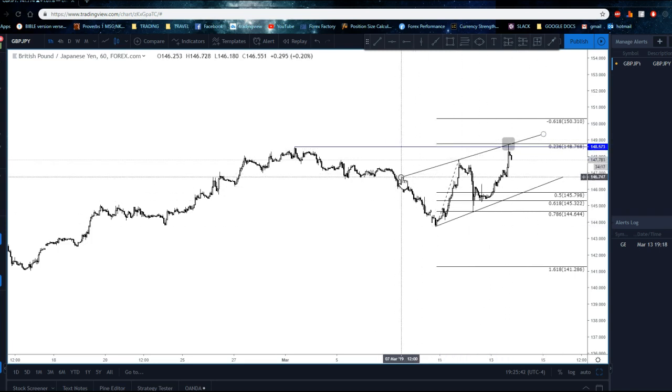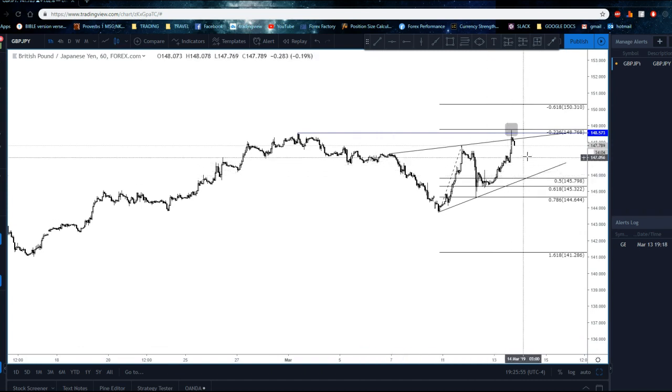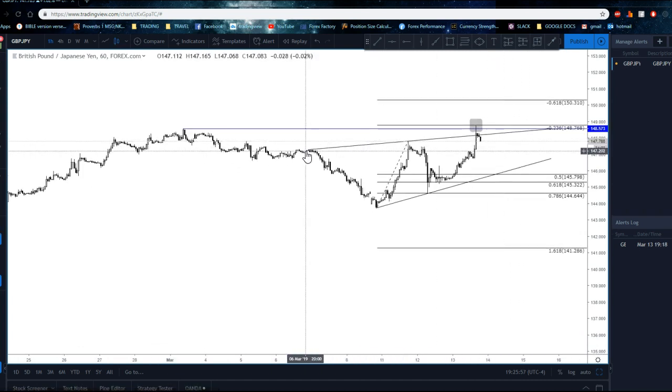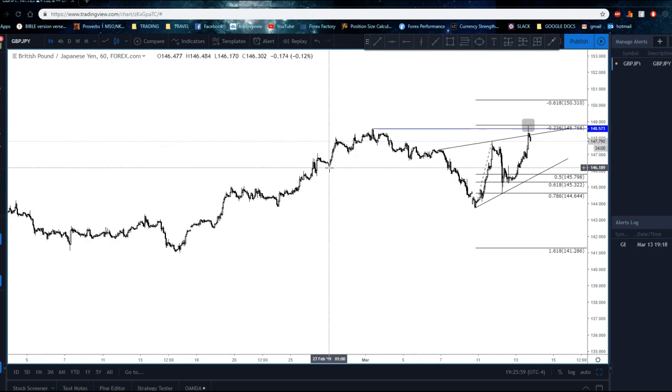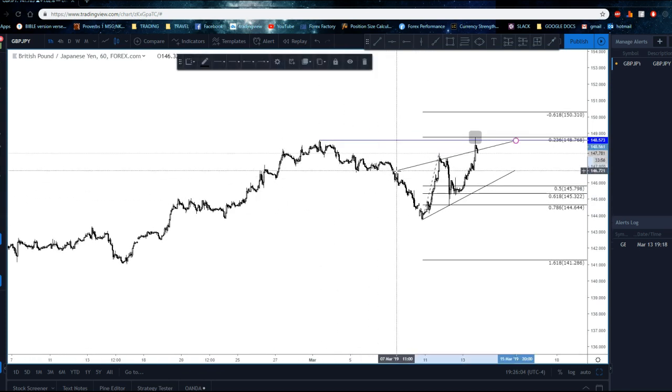Now initially I had this one, and this was actually what I entered my binary off of. But once price spiked up, and looking at this a little bit more, I adjusted it to this because I felt that was the true one.